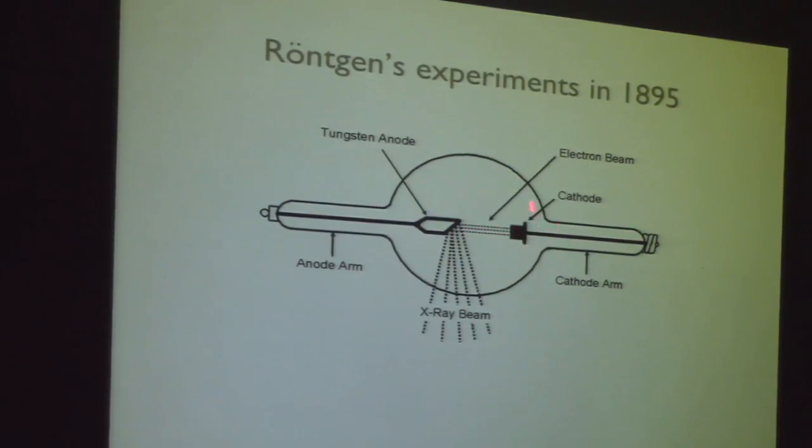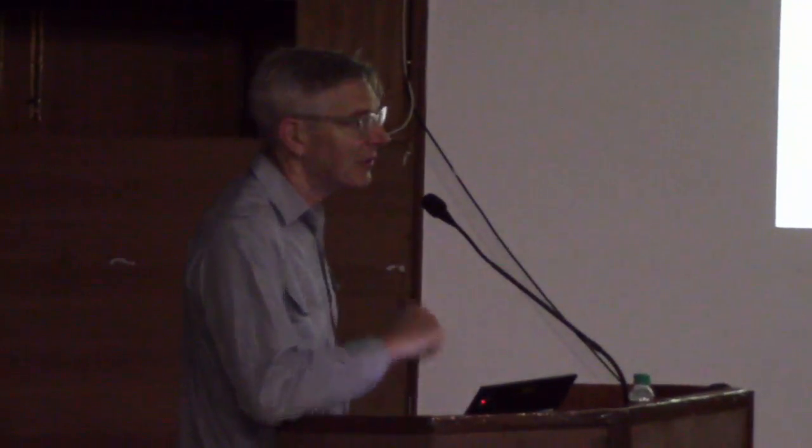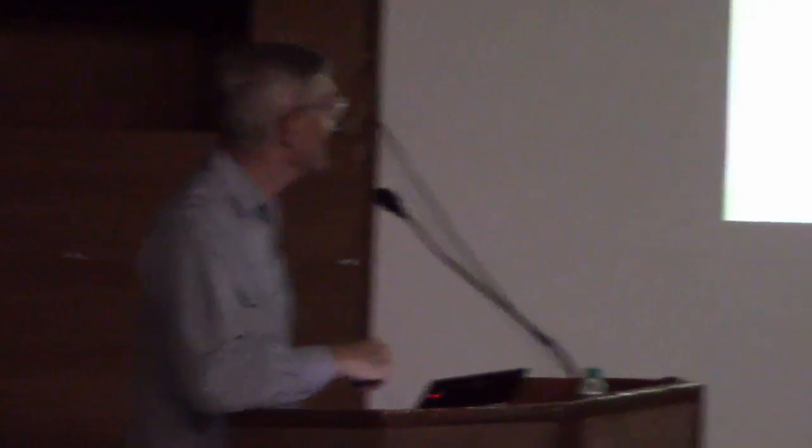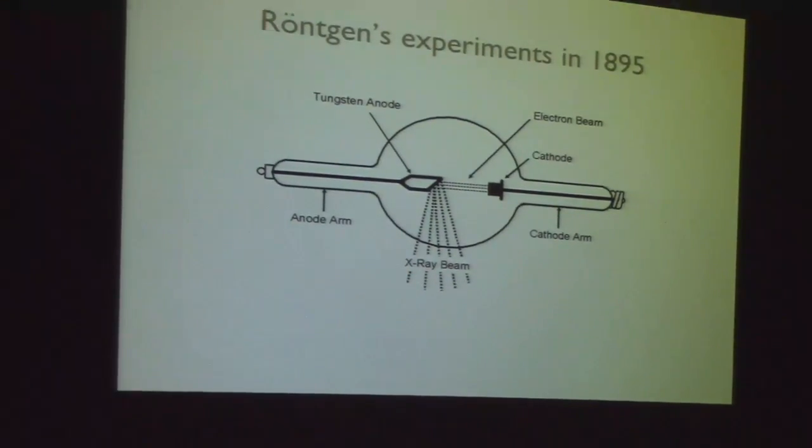The electrons would fly through this evacuated tube, and hit into tungsten. And when they hit into tungsten, these X-rays came out, and he had a film sitting on the desk of his lab, and the film was actually in an envelope, so it was not exposed to any light. And the X-rays actually exposed it. That's how he discovered them. So it was serendipitous. He discovered them by mistake.